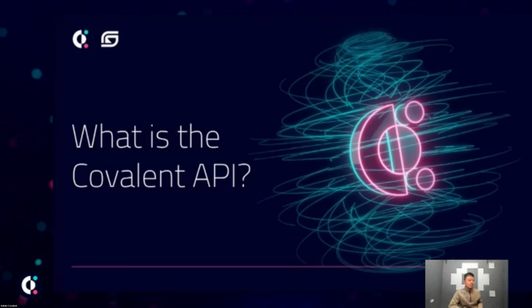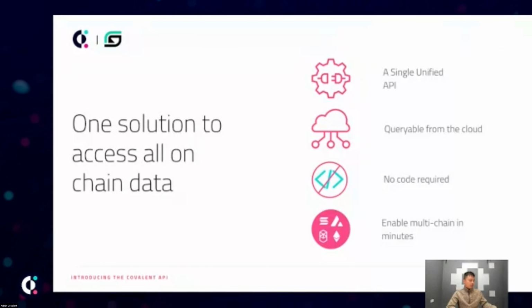That it doesn't make sense. So that's why we come in as the aggregated data middleware layer, where you can just use us to get aggregated data for any kind of smart contracts or wallet addresses and so on and so forth.